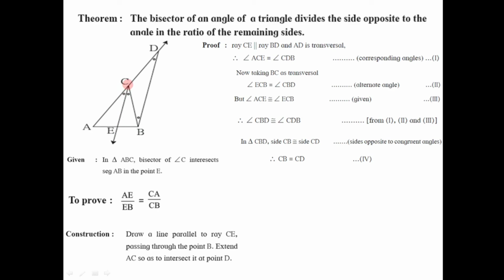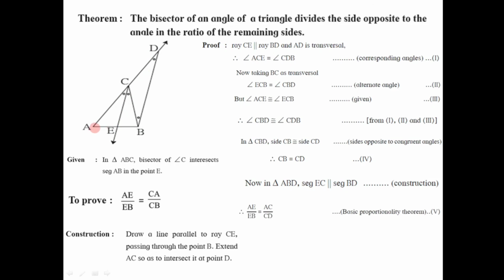That means here CE divides side AB and side AD in proportion. We can write, as EC is parallel to BD, CE divides AB and AD in proportion.